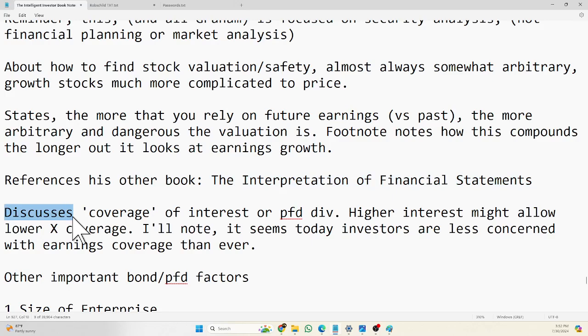He then discusses coverage of interest or coverage of preferred dividend payments, and that higher interest might allow lower times coverage. Basically, when inflation is higher, I think the idea is that the economy is kind of overheating if interest rates are higher than normal, and so business is booming.